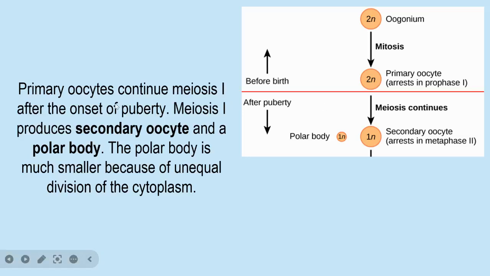Meiosis I produces secondary oocyte and a polar body. The polar body is much smaller because of unequal division of the cytoplasm. So kung mapapansin po natin dito, naging maliit na po yung polar body natin. It is the second polar body na po na na-produce in the oogonium.